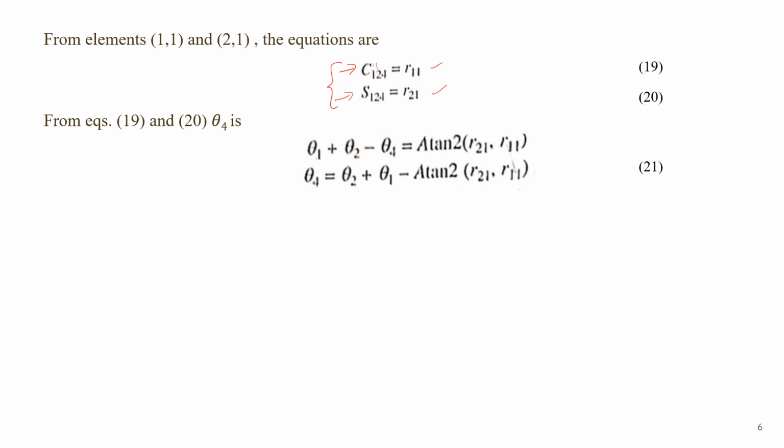So theta 1 plus theta 2 minus theta 4 is equal to atan2 of r21 comma r11. From that you can get theta 4, which equals theta 2 plus theta 1 minus atan2 of r21 comma r11. So we have got all the joint variables, that is theta 1, theta 2, d3 and theta 4. The expressions for all the joint variables for the given end effector pose have now been determined.